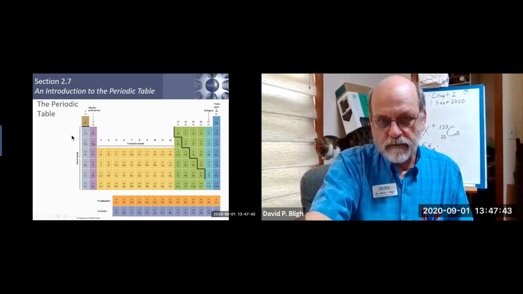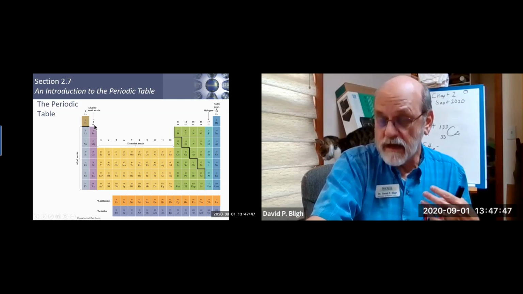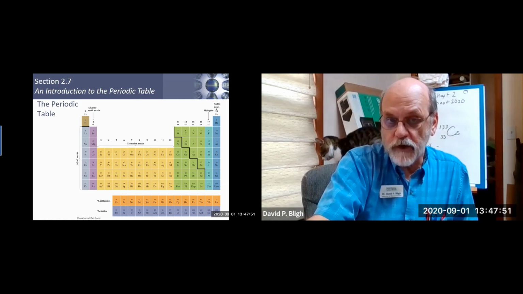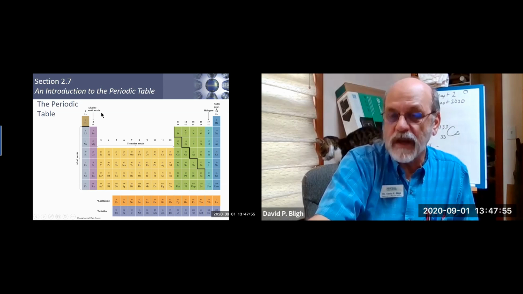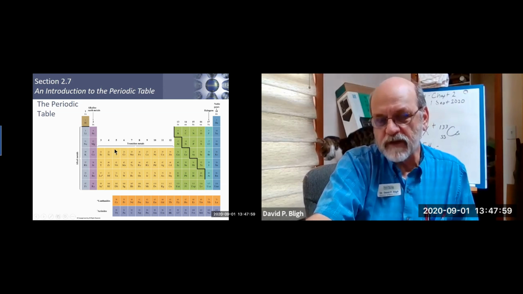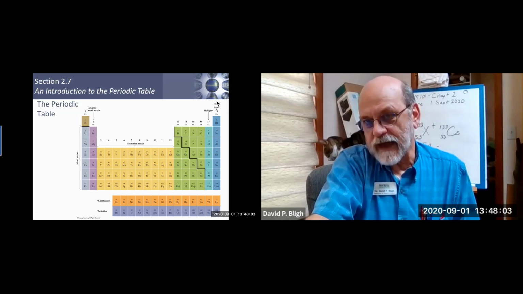Always, in this first group. Second group, when they acquire a charge, they're always +2. So the first group is +1, the second group is +2, and they're called alkaline earth metals. We're going to skip the middles for now. We'll come back to them. And go all the way over to the other side.